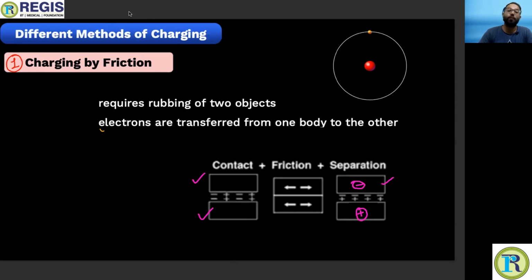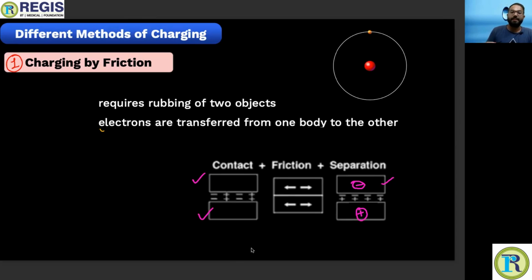Clear? Okay. So first method is charging by friction. In this method, we need to rub. There must be a physical contact between two bodies. Only then can we transfer charge from one object to another.